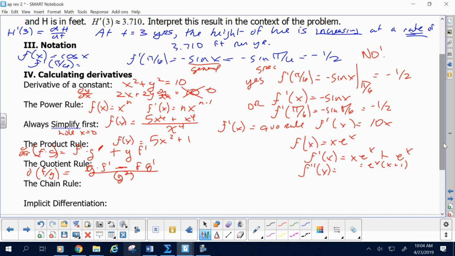Oh, one more thing. Would you go back to notation? And I meant to talk about this. Some of you have this terrible problem of, if I'm doing a derivative, if it's got f in it, great, I'll use f for my derivative. If it's got g in it, don't care, I'm still using f in my work. If it's got h in it, I don't care, I'm still using it. You will lose points if the problem says h of x is this, and you say my derivative is f prime.